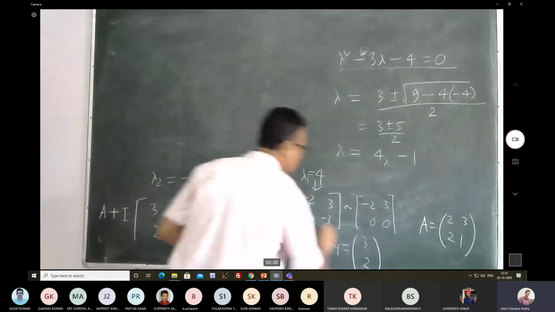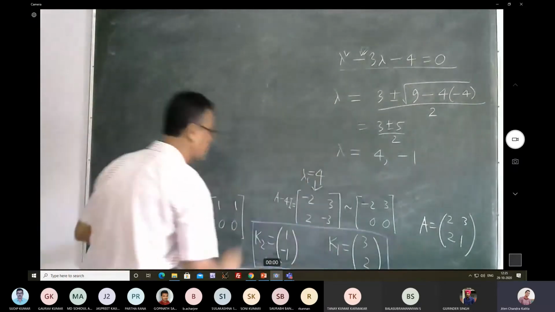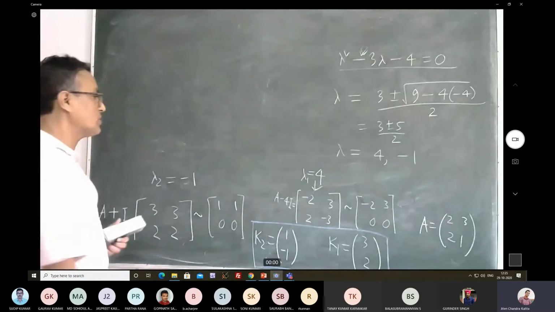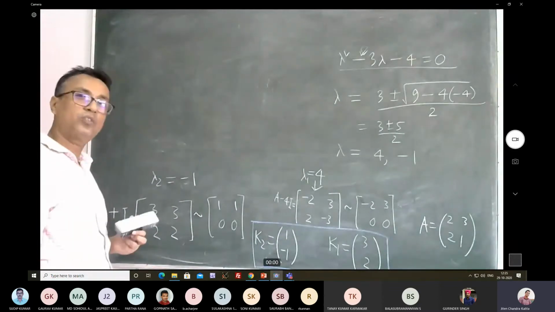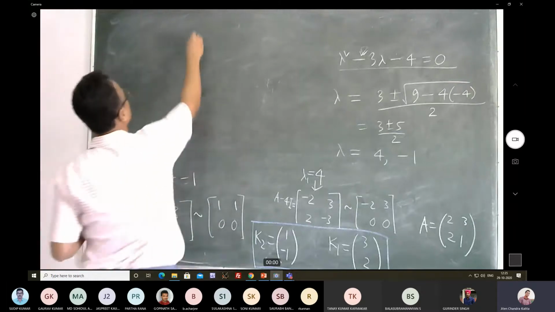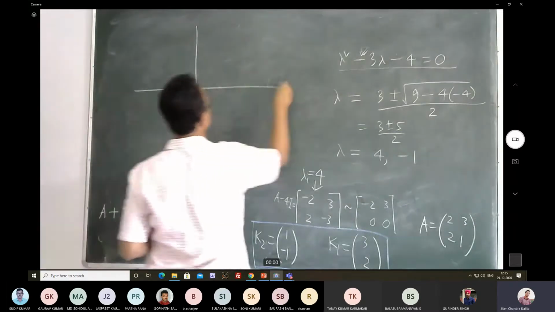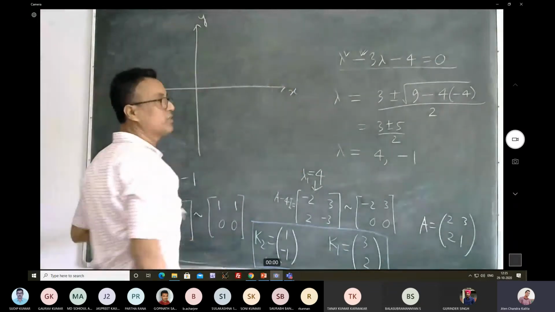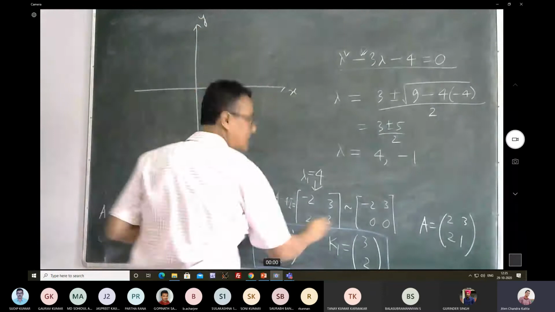Now, some of the concepts that I taught you at the very beginning, that is going to be clear to you from this. Suppose I want to draw the phase portrait. Firstly, you simply draw these eigenvectors.